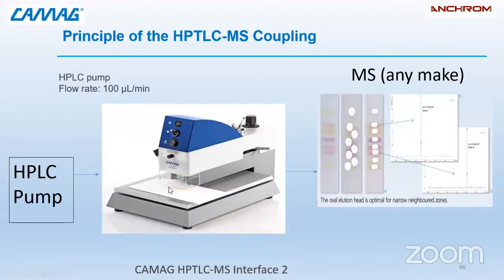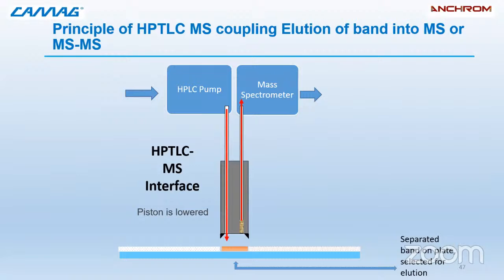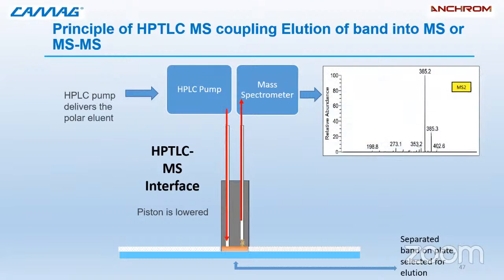This is the stage on which you can keep your plate. You can align it properly as they have given a scale on this stage, on this laser crosshair, and bring this piston down so that the extraction head is in this region. It will come down and you're supposed to bring this lever to the front position. When you bring it to the front position, solvent from the HPLC pump will come in contact with your sample, and then it is sent to the mass analyzer.